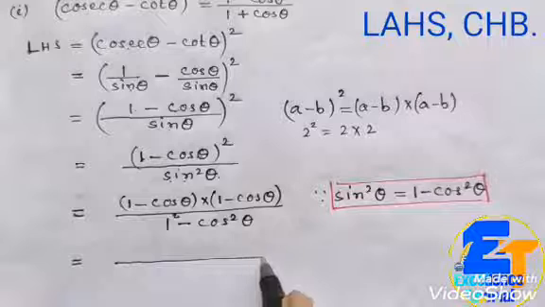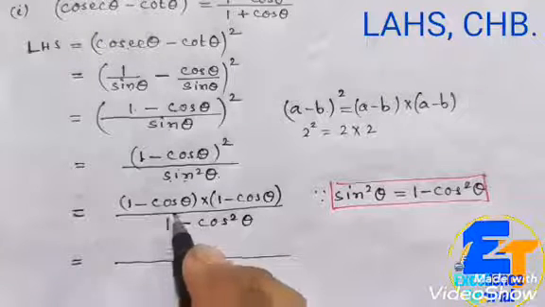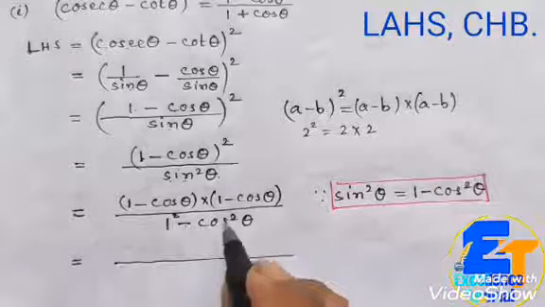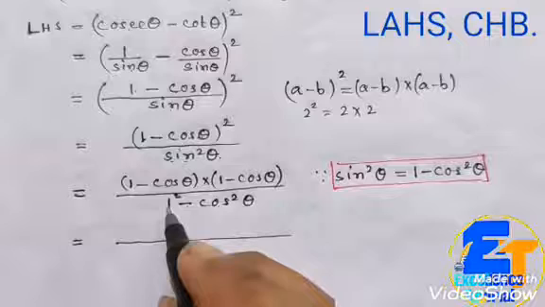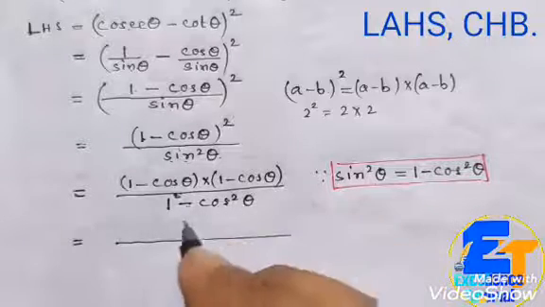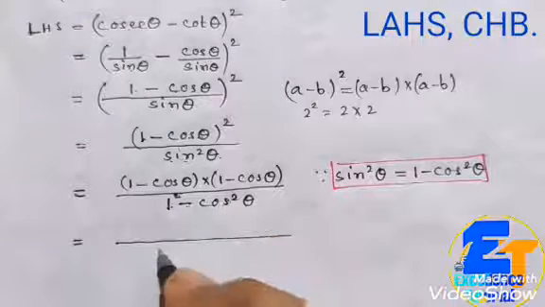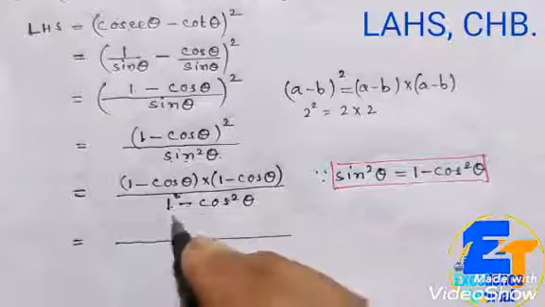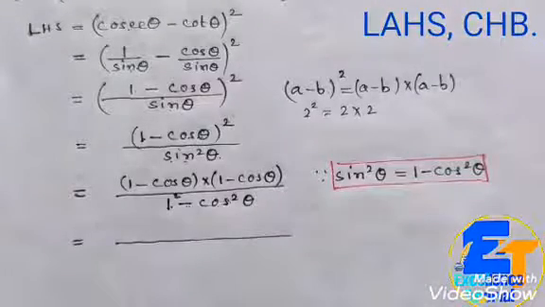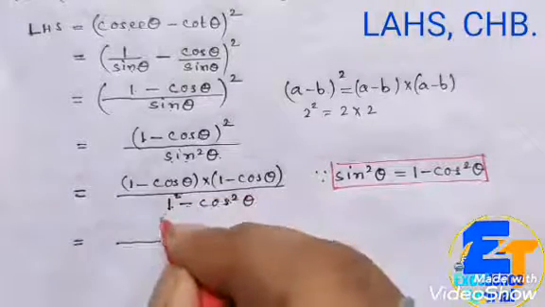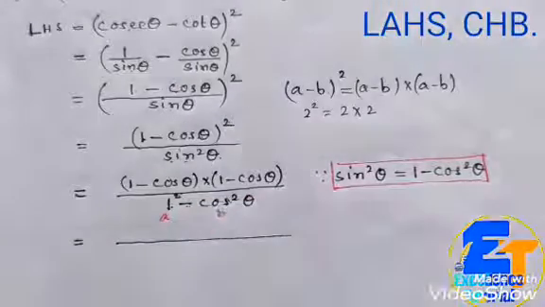So next step, it will become a square minus b square, so we come to the algebraic identity, a square minus b square. As you know, a square minus b square equals a plus b into a minus b. But see, here the a term is 1 and the b term is cos.